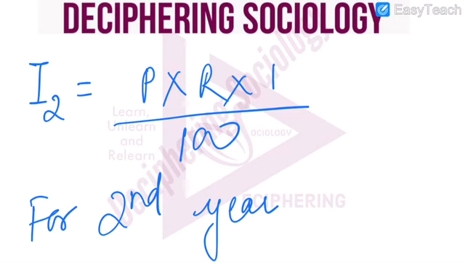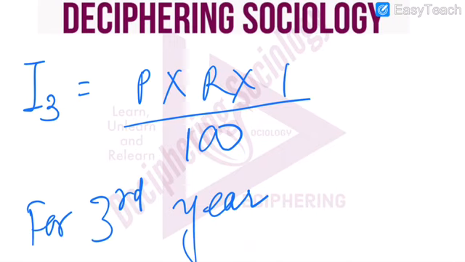Similarly, for the second year, the interest would be P into R into 1 by 100. The simple interest for the third year would again be the same, P into R into 1 by 100.